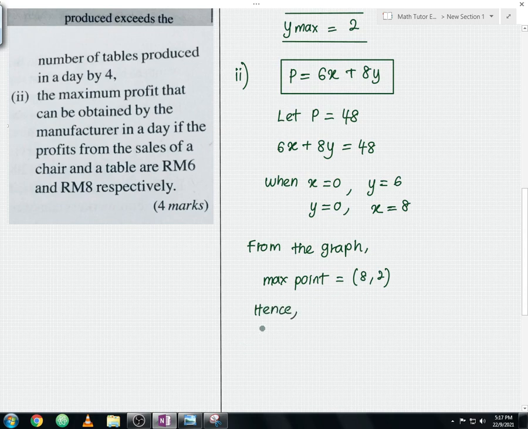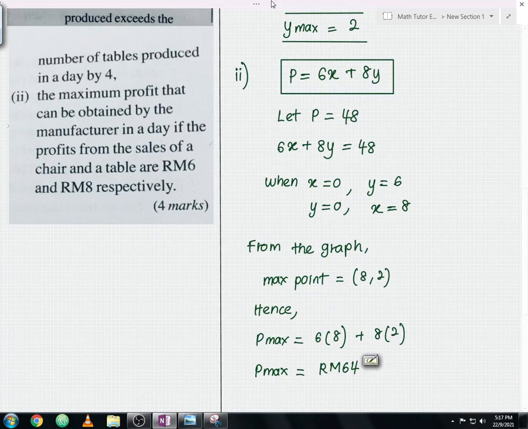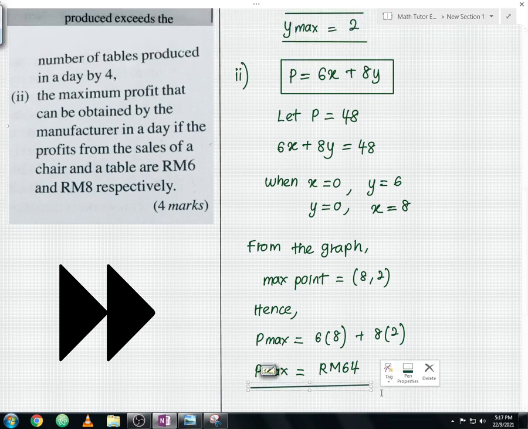Our maximum profit is equal to 6 times 8, and then plus 8 times 2. So use this point and substitute into the profit equation. So you perform the calculation. You should get your maximum profit is equal to 64 ringgit. Okay, so this will be your answer for the question C part 2. So let me underline the solution.